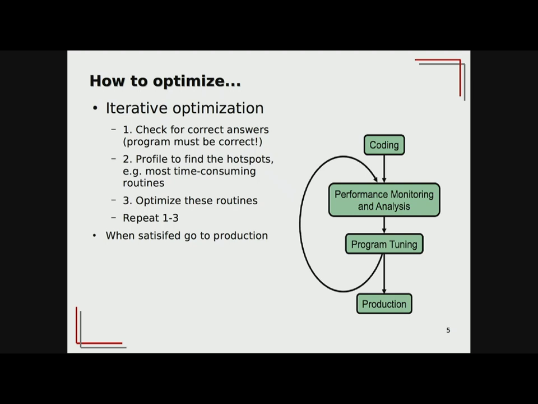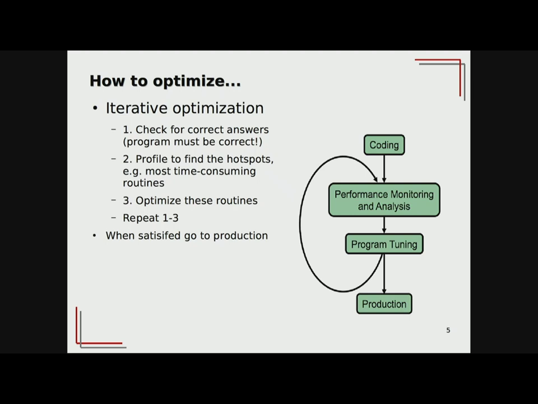The first one is to check for the correct answer. So before doing any kind of optimization, once you have coded your program or your problem, you have to check that it works, in the sense that it gives you reasonable, physical and feasible results.